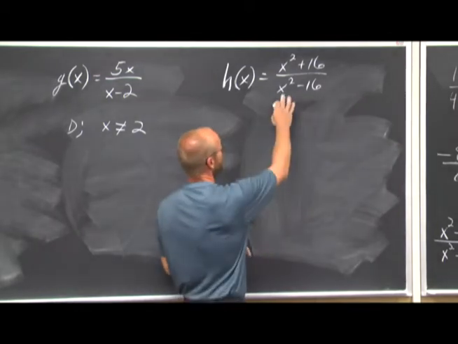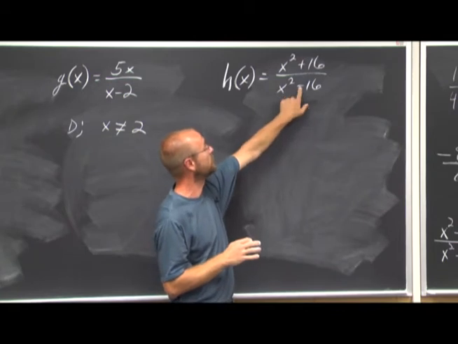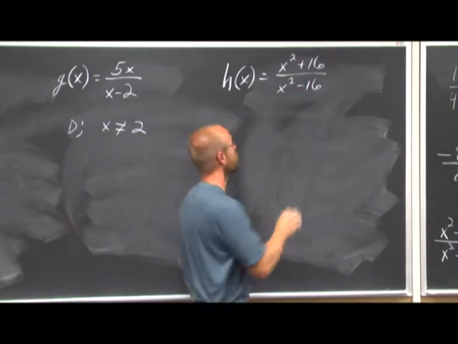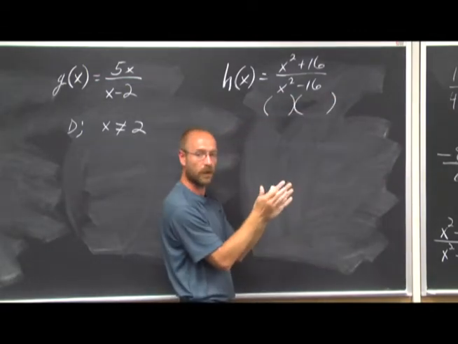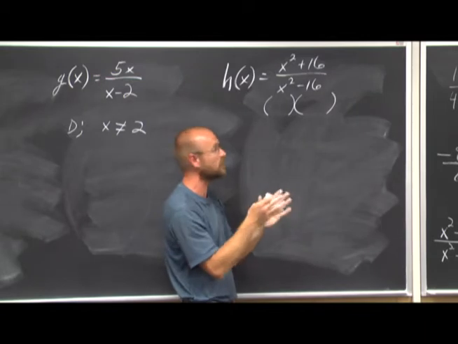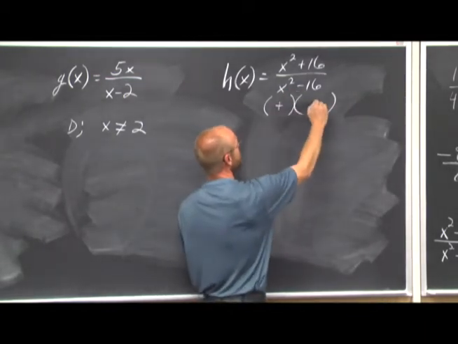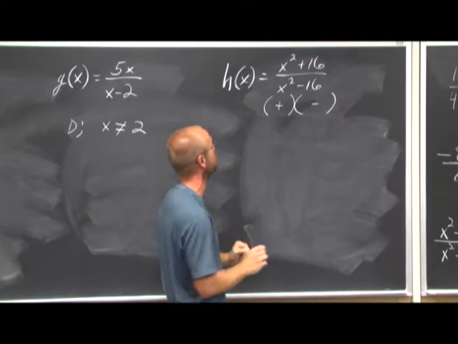We have to. And hopefully we recognize this is one of our special factors, the difference of squares. Hopefully we recognize 16 as a perfect square. And in a difference of squares, the middle term of our ax squared plus bx plus c must have canceled out. So that tells me right away that these have to have different signs. That middle term needs to cancel.